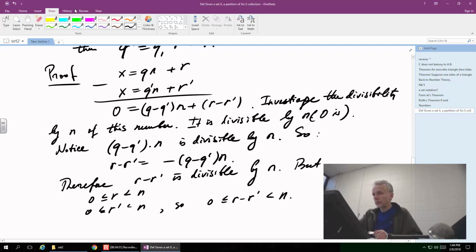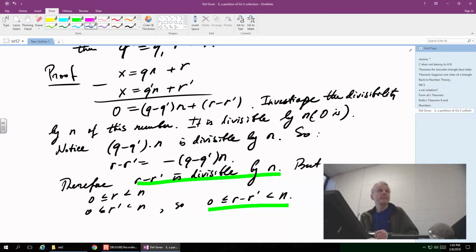Okay, so match up those two statements. What's the conclusion? A number that is less than n is divisible by n. What's the conclusion?